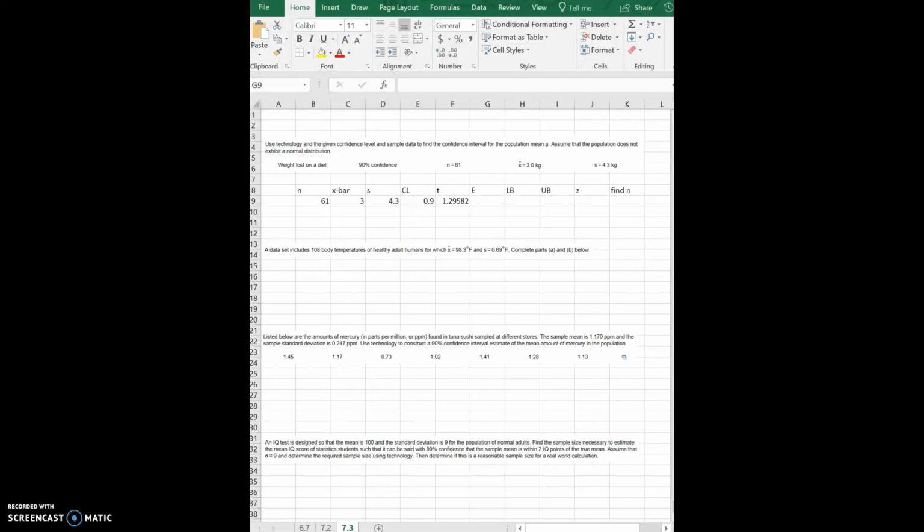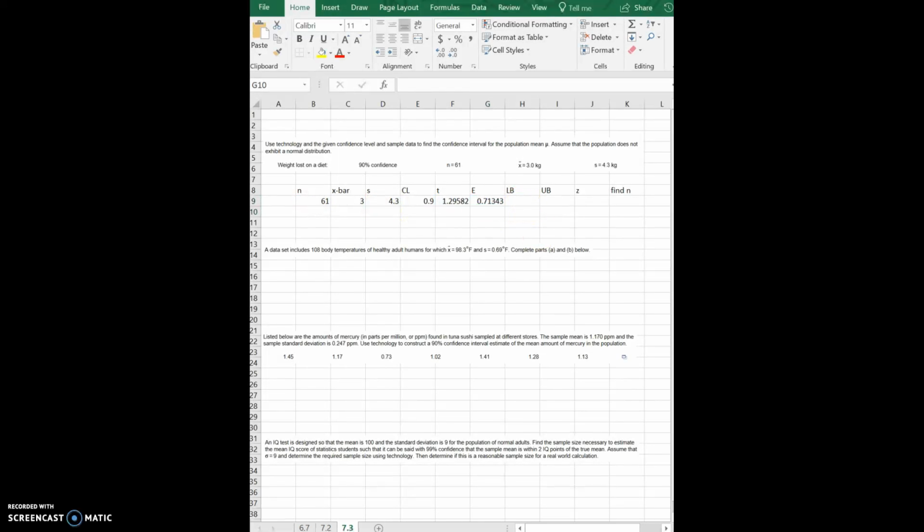So then your error, sorry, my throat is dying on me here. Interesting. Okay. So your error is going to be equal to t times your standard deviation divided by the square root of your n.